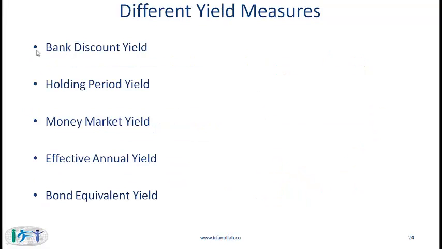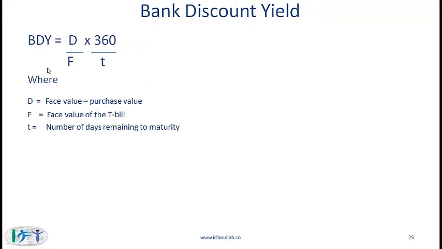Here is the list of yields, and we will discuss each one of them. The first one is bank discount yield, and this is used with T-bills. Bank discount yield is equal to the discount divided by the face value multiplied by 360 over number of days remaining till maturity.